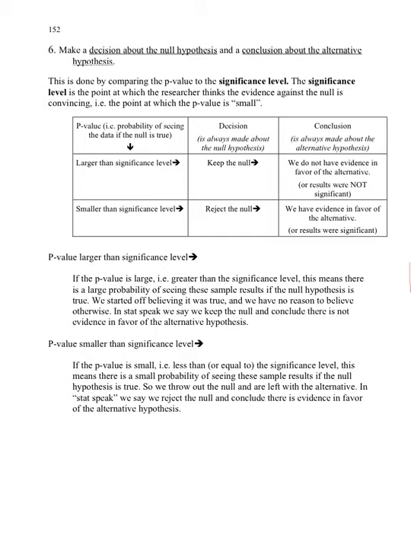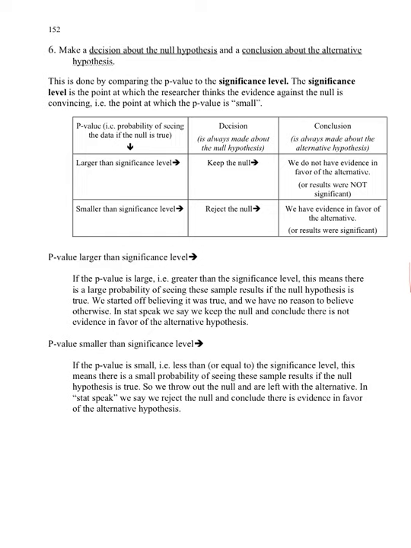So we're going to keep the null hypothesis when the p-value is larger than the significance level. And our conclusion, if we keep the null hypothesis, is that we do not have evidence in favor of the alternative. Or, in other words, the results were not significant.